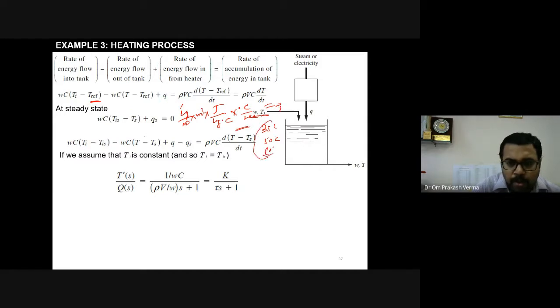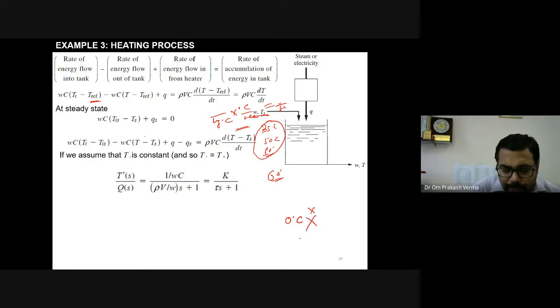We have taken 60 degrees Celsius as the temperature of this flow, but it is in reference to room temperature. We are not increasing the temperature of that liquid from 0 degrees Celsius.